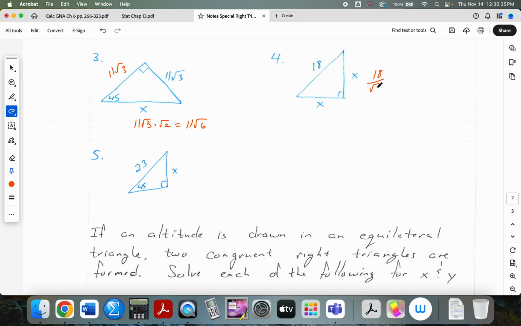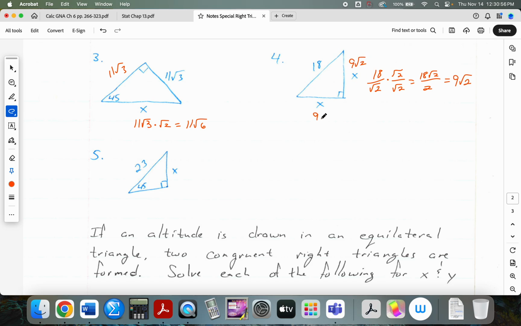Yeah, we're going to divide by the square root of 2. Remember that we can't leave a square root in the denominator, so we'll rationalize the denominator by multiplying by the square root of 2 over the square root of 2. It's 18 square roots of 2 over 2, which is 9 square roots of 2.